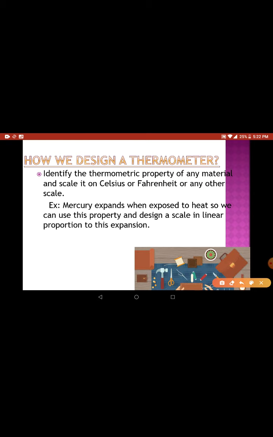Then the mercury, when it gets heat from your body, keeps expanding until the temperature of your body and the thermometer becomes equal. Then the rise in mercury level indicates the temperature of your body. Likewise, we measure temperature using the thermometric property of mercury. So this is the basic principle involved in this.